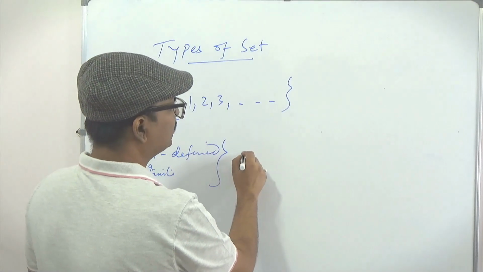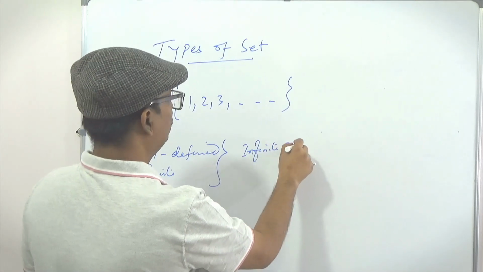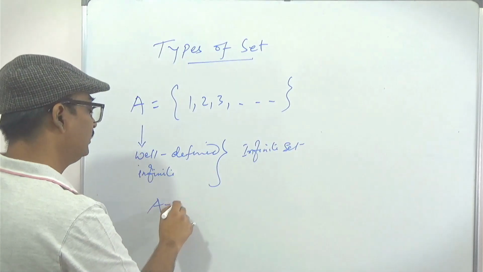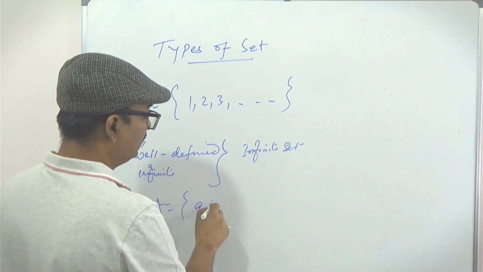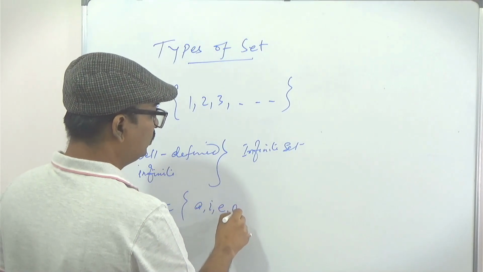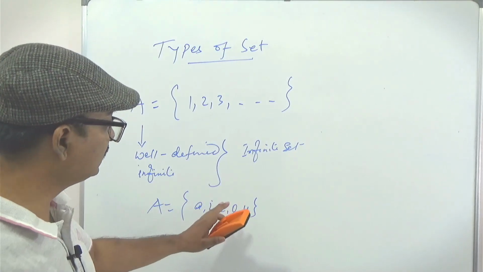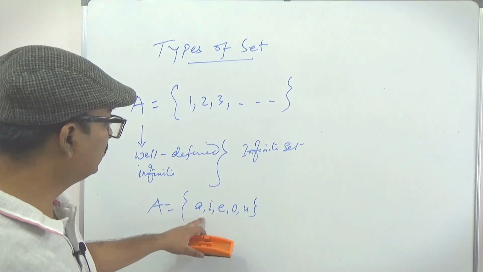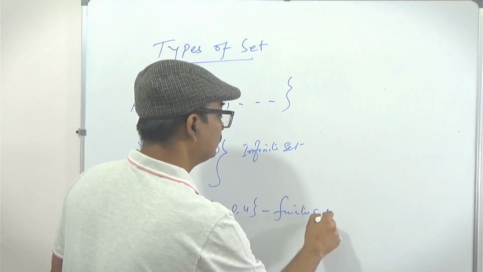Therefore, this type of set is called an infinite set. But if we have a set which has all the vowels in it, A, E, I, O, U, we have 5 elements. The number of elements is definite. So this is a finite set.